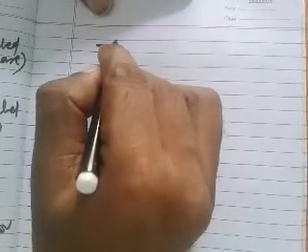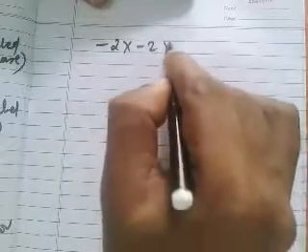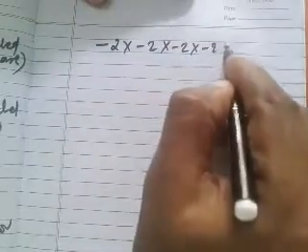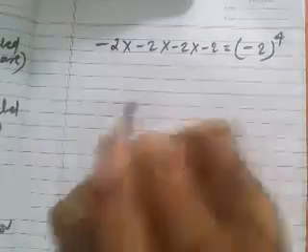Suppose -2 multiplied by -2, this time -2 is repeated 4 times.